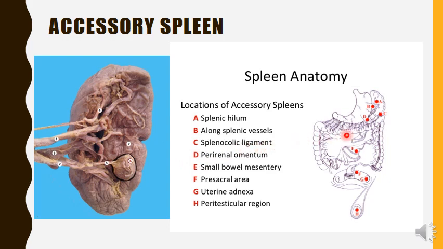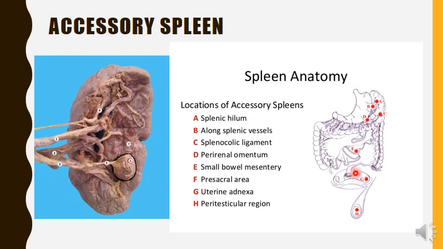Then the splenocolic ligament, connecting the spleen to the left colic flexure, sometimes we can see it there. Then the perirenal omentum, another site. Then the small bowel mesentery. In the mesentery also, occasionally you may see accessory splenic tissue.